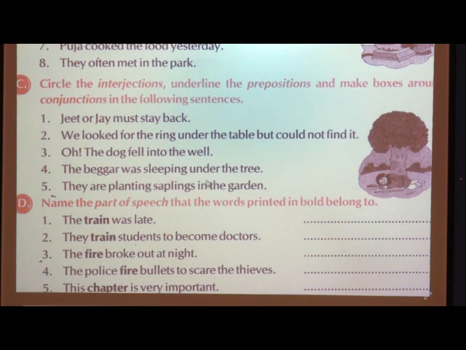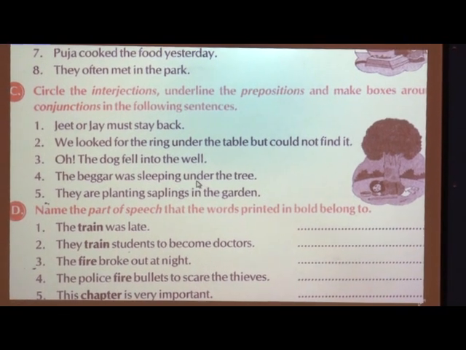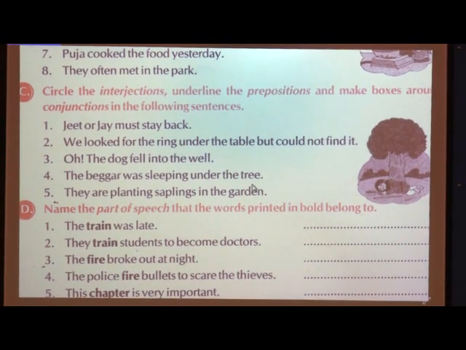So, which part of speech is under? It is a preposition, because it is showing the relation between the two nouns, that is the beggar and the tree. So, what are you going to do here? They have told us to underline the preposition. You are going to underline the word under, because it is a preposition and it is showing the relation between these two nouns.